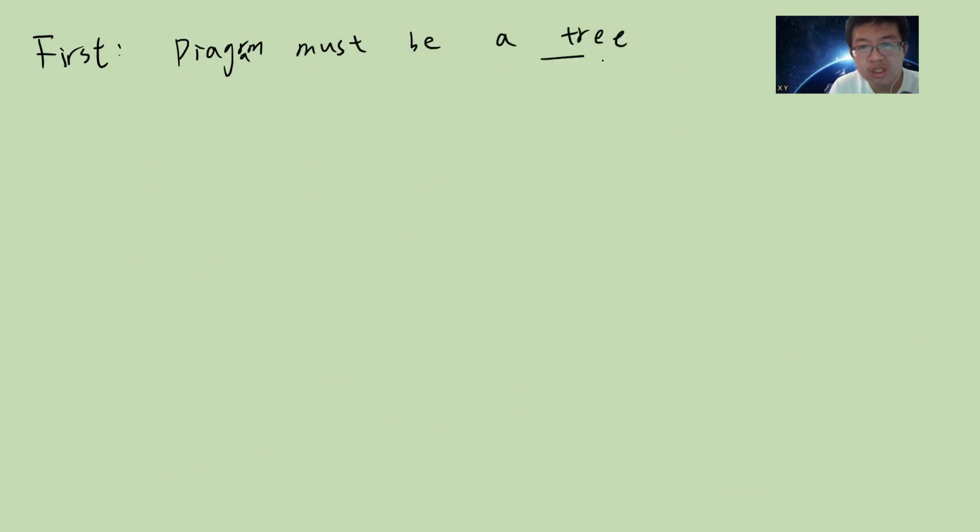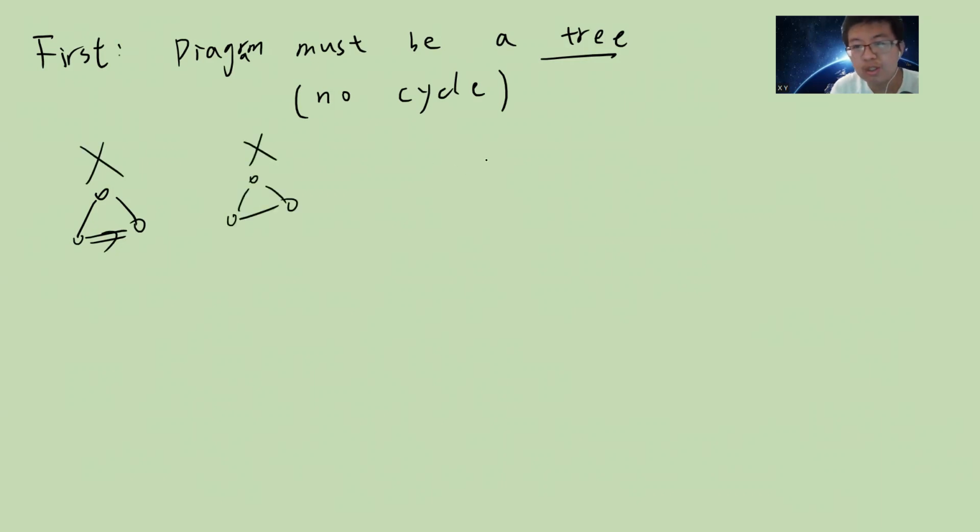diagram classification. First one is trivial: the diagram must be a tree. An irreducible and admissible configuration must be a tree. Tree means there is no cycle. Simply speaking, these types are not allowed; any cycle is not allowed.